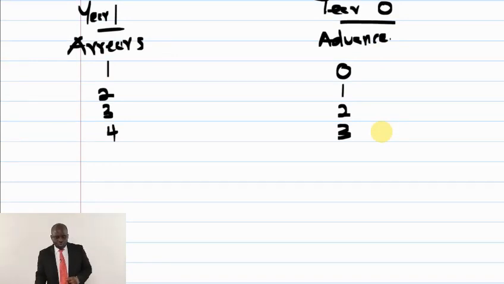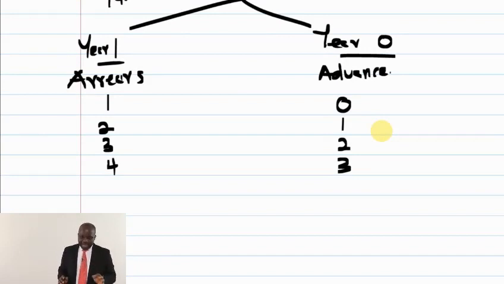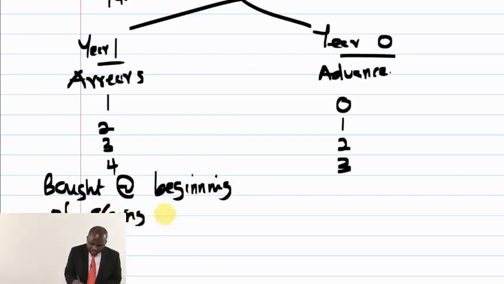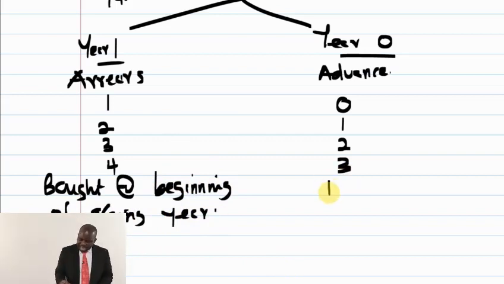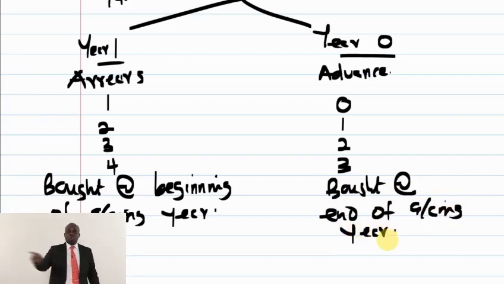So you will claim the capital allowance in arrears when the asset is bought at the beginning of the accounting year. You will claim in advance when the asset is bought at the end of the accounting year, because we are interested in when the capital allowance will go for the calculation of profit.